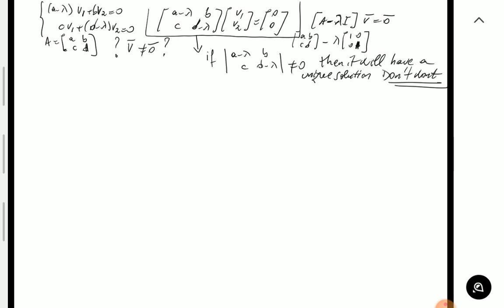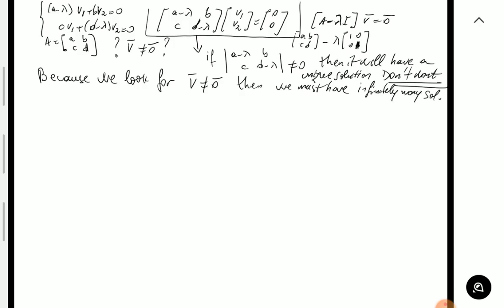So that is the key thing. Because we look for the eigenvector to not be the 0 vector, we must have infinitely many solutions.